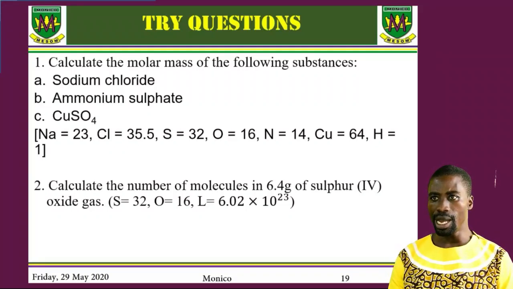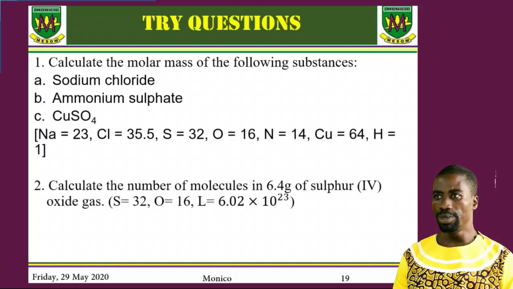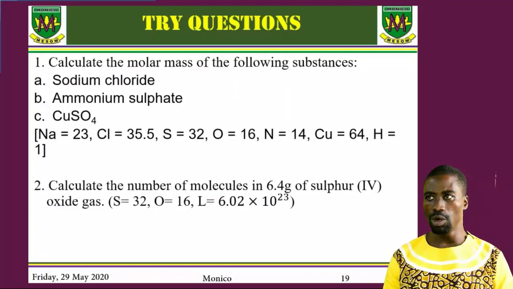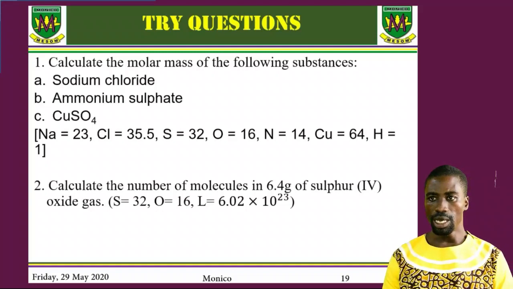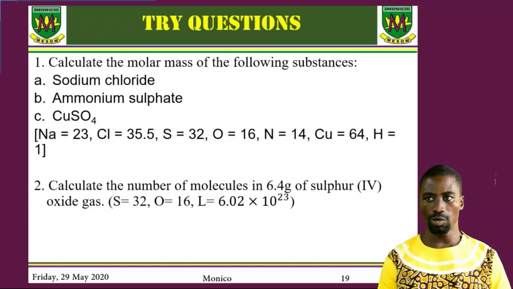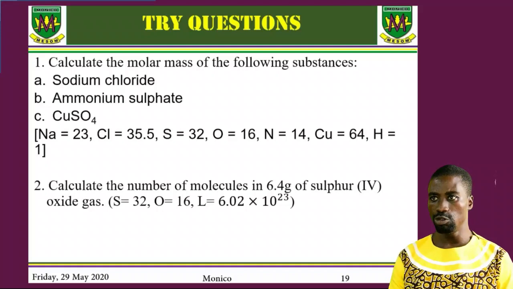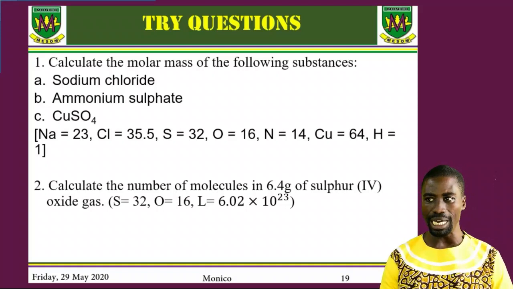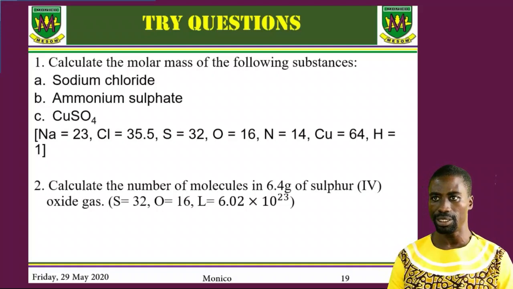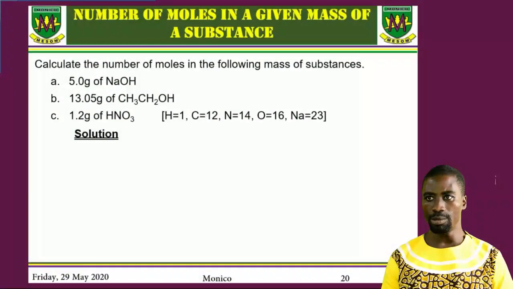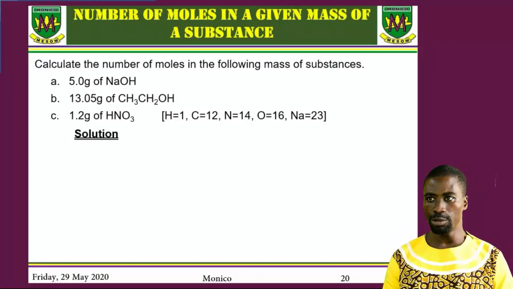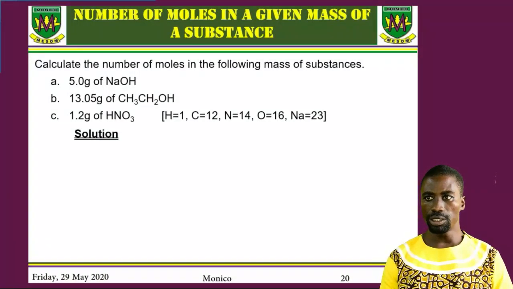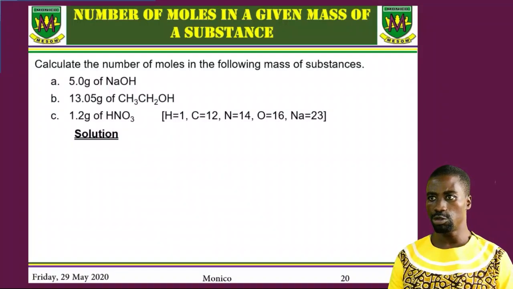Good. There are times you will be asked to look at the number of moles in a given mass of a substance. A certain mass will be given, and then you will be asked to find the number of moles in that particular entity. So for instance, we have 5 grams of sodium hydroxide, we have 13.05 grams of CH3CH2OH.